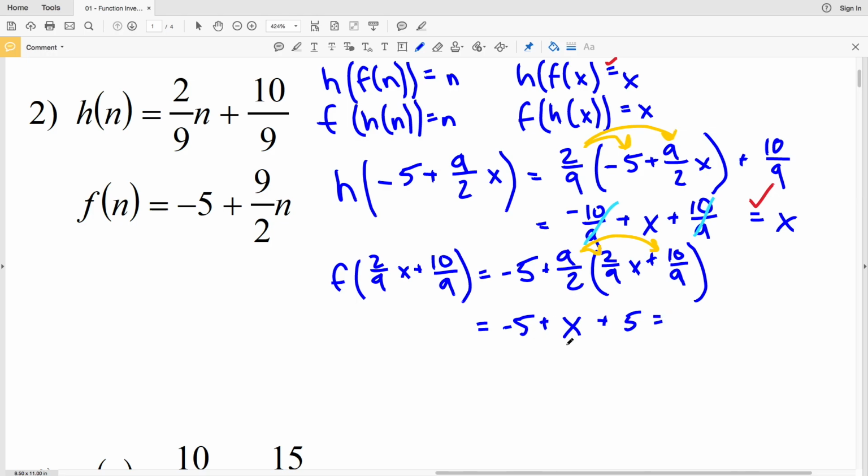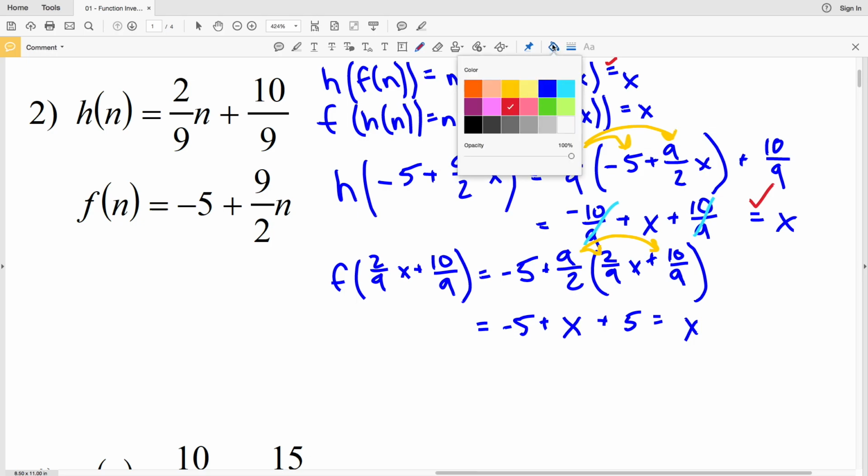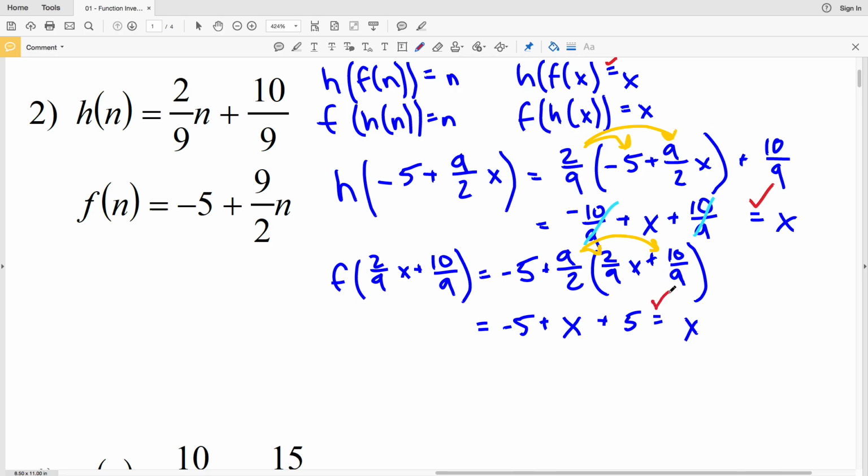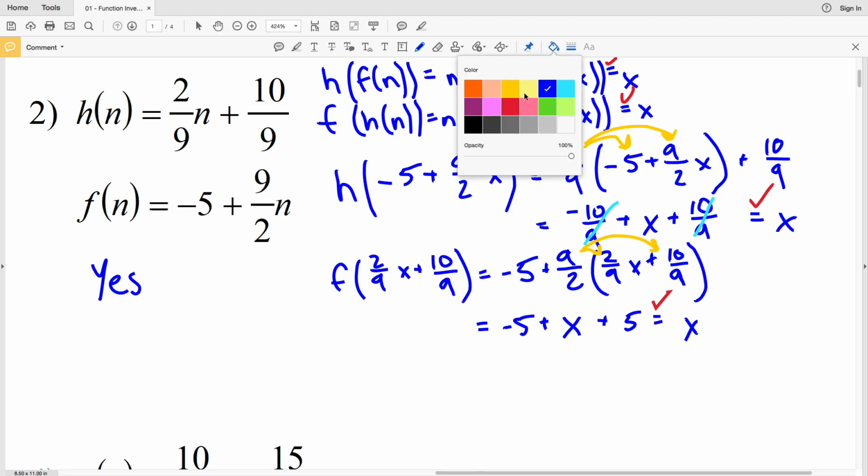So we have negative 5 plus x plus 5, which equals a positive x. So in number 2, f of h of x also equals x. Therefore, since both h of f of x and f of h of x equal x, then these functions are indeed inverses. So the answer in number 2 is yes.